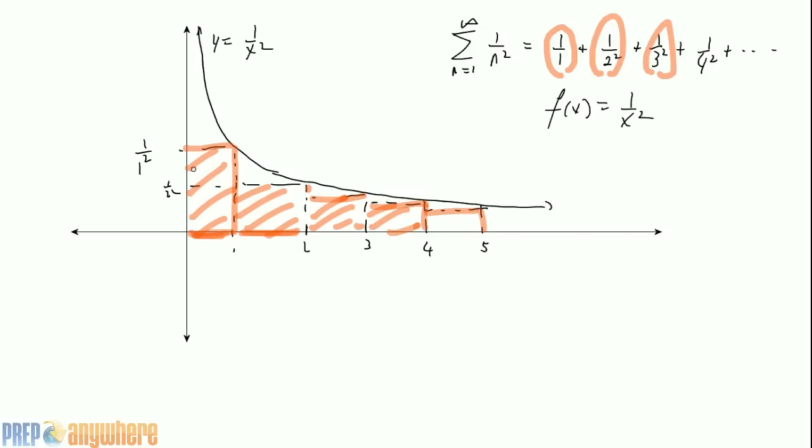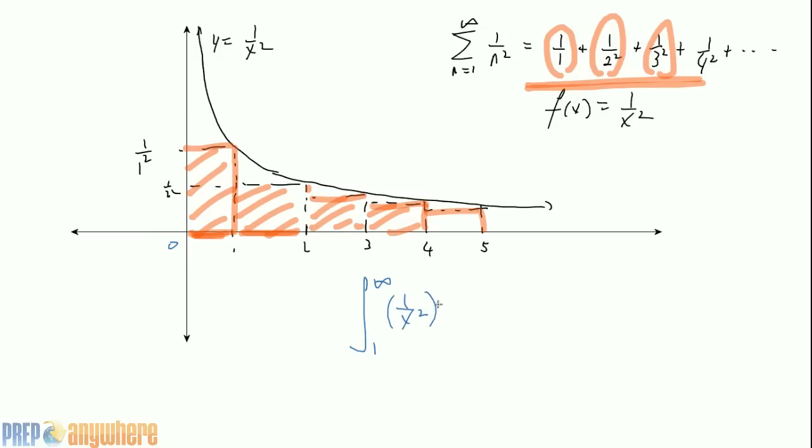So these rectangles represent this infinite series. So how does that relate to the actual integral? We don't want to compare with 0 to infinity because that's an improper integral. Let's compare it with the integration from 1 to infinity of the function 1 over x squared.